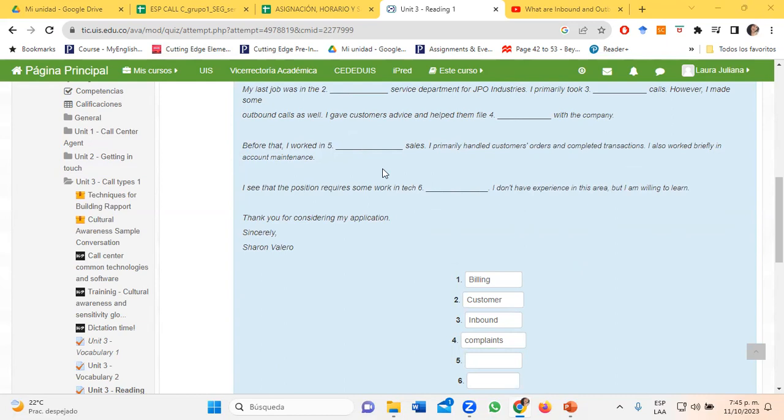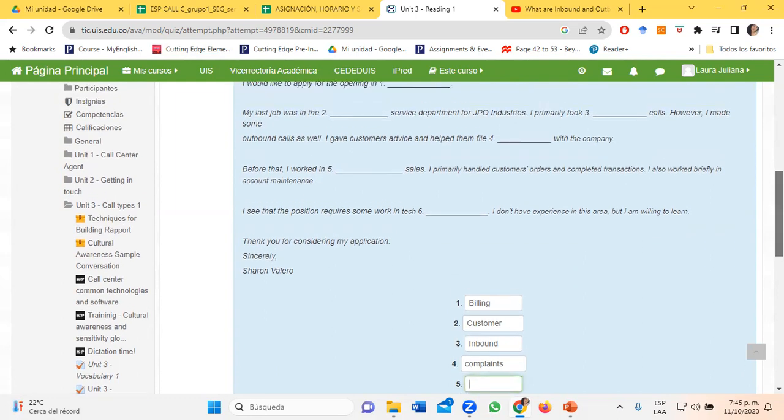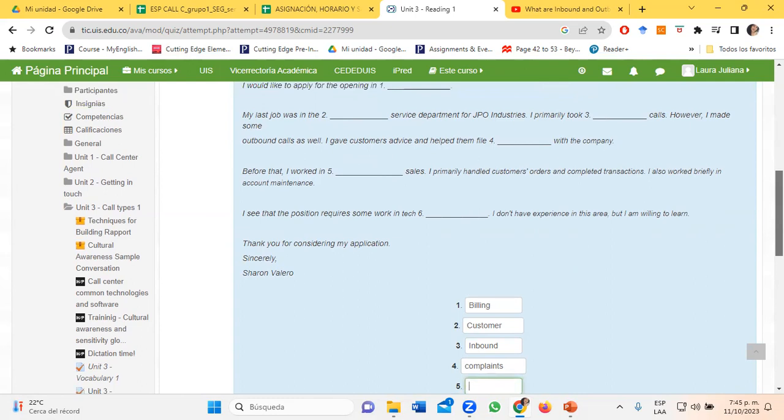Continue. Number 5. Before that, I worked in outbound sales. I primarily handle customers' orders and complete transactions. I also worked briefly in account maintenance.